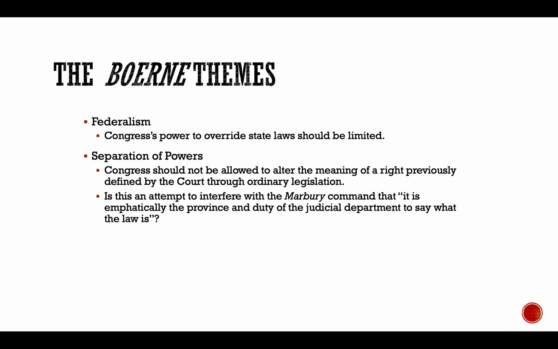Right? It's clear that Congress was unhappy with Smith, but the solution is not to attempt a reversal of the court's interpretation of Section 1 of the 14th Amendment with a piece of legislation under the guise of Section 5 of the 14th Amendment.